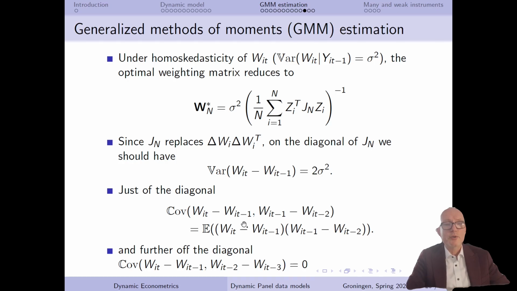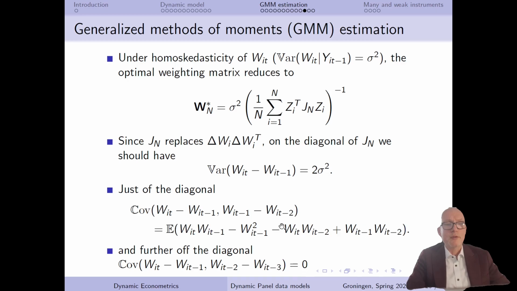If we get rid of the parentheses, we get the mean of w_it times w_it-1 minus w_it-1 squared minus w_it times w_it-2 plus w_it-1 multiplied by w_it-2.